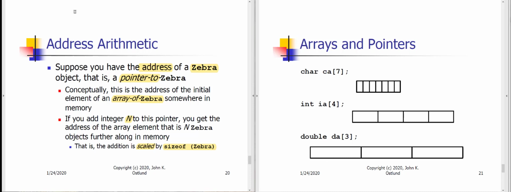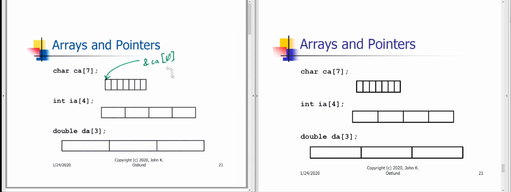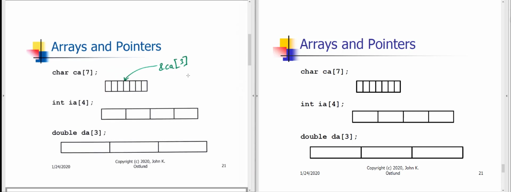And to amaze you with more fancy diagrams, address of CA sub 0 is the address of the initial char in that array. Address of CA sub 3 is the address of the sub 3 element, that is the fourth element in that array of chars.